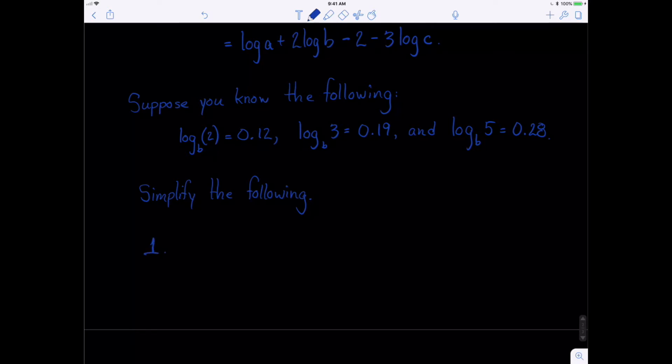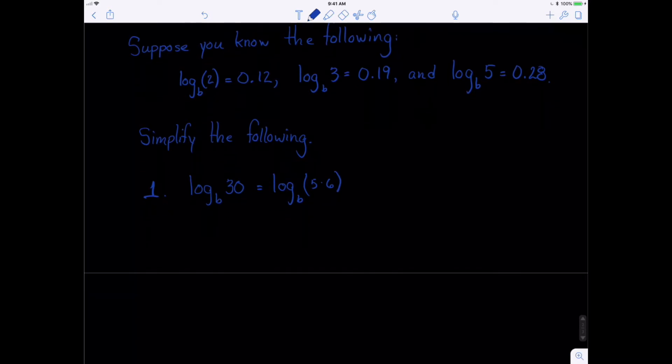First one we're going to simplify is the log base b of 30. Here we go. Notice that the numbers that I have are the log of 2, the log of 3, and the log of 5. So when we look at 30, we want to think, does the log of 30 have any of these numbers? I could think of this as the log base b of, let's try 5 times 6.